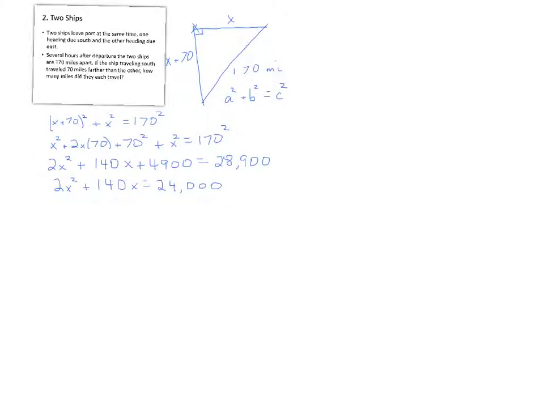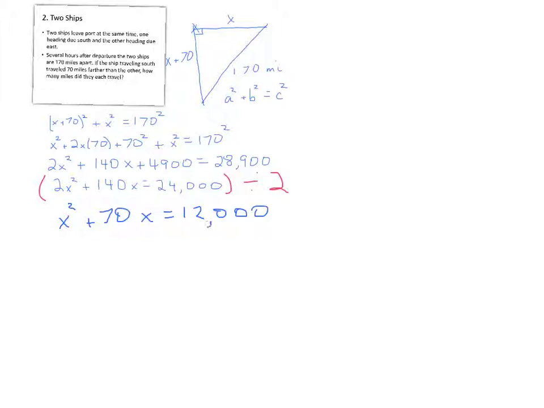So now we're set up, well, actually we're not quite set up to complete the square. We have a coefficient in front of the x squared term that is not 1. That means we need to divide everything by that coefficient. So we end up with x squared plus 70x equals 12,000.